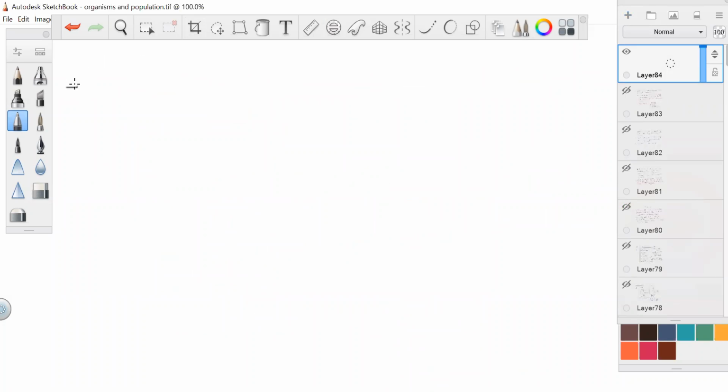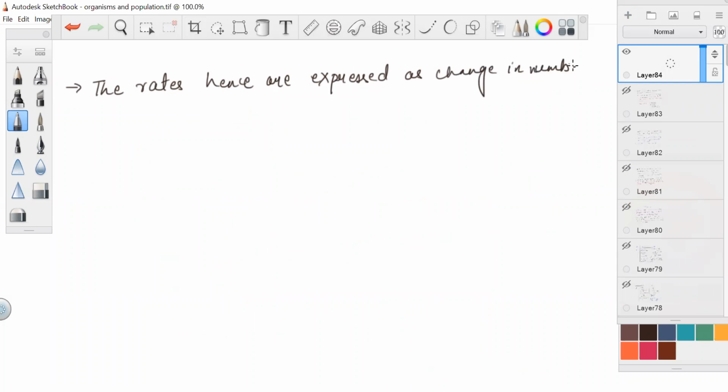Write it down: the rates hence are expressed as change in numbers, that is increase or decrease, with respect to members of the population.